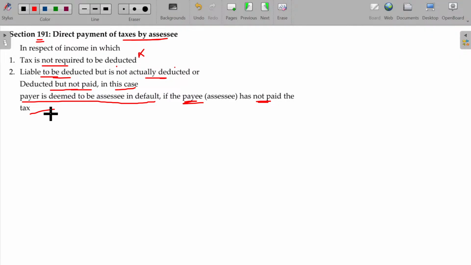Until that period, this payer is called deemed to be an assessee in default. In the very first class, I explained some definitions about assessee. There, by the time I told you, I will teach this later on. So this later on comes here now. You can go and study that assessee case here so that you'll be able to understand this logic.